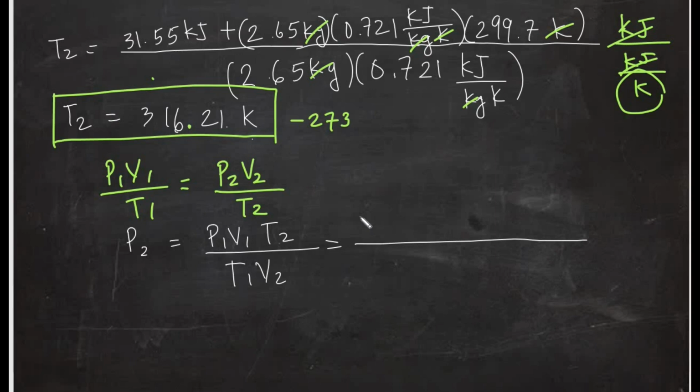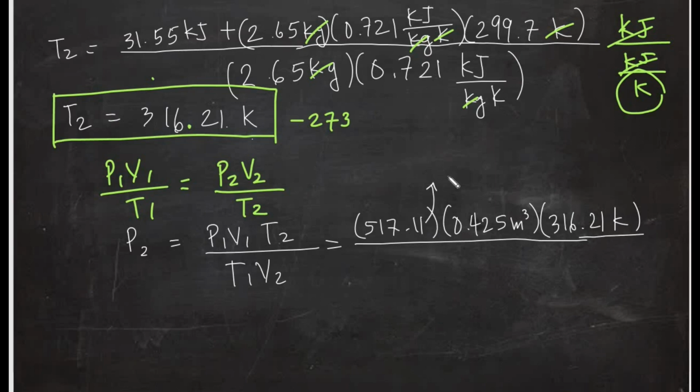Okay. So pressure 1 is equal to 517.11 kilopascal. V sub 1 is equal to 0.425 cubic meter. T sub 2, that's what we have solved here, 316.21 Kelvin.